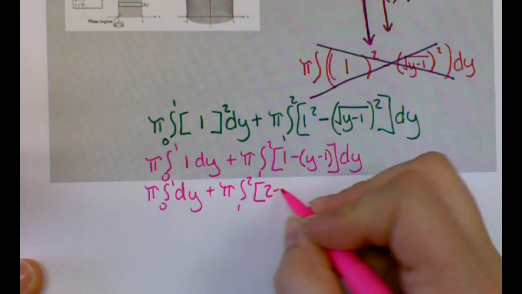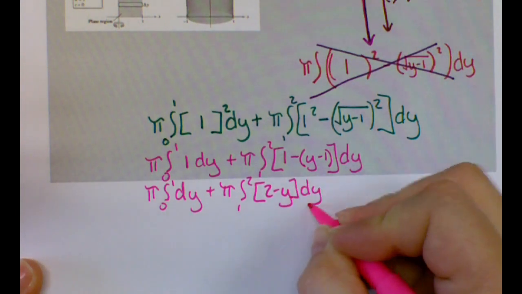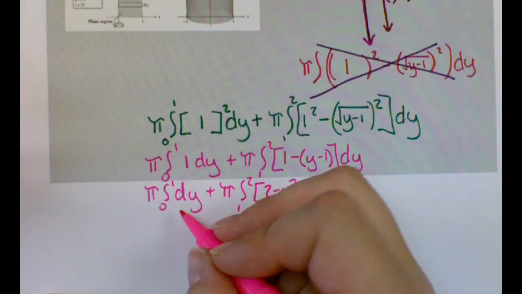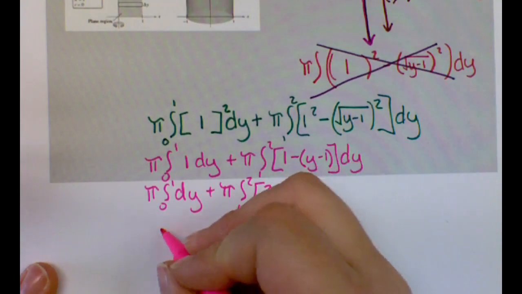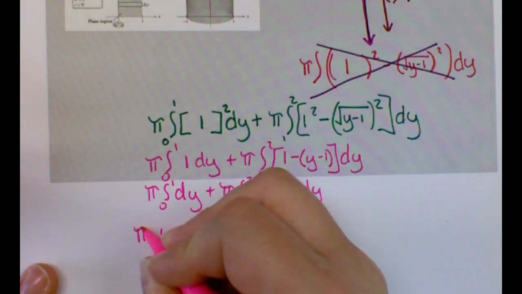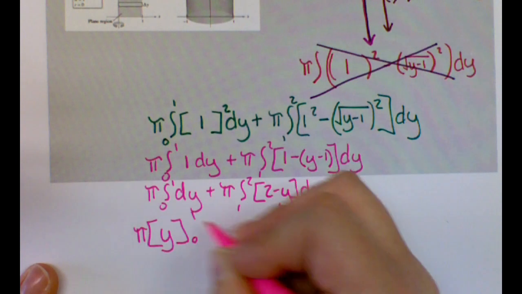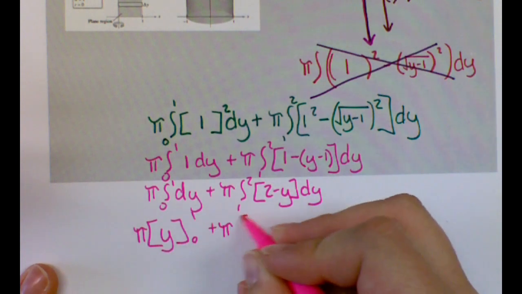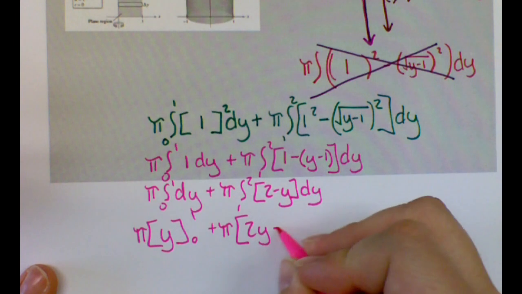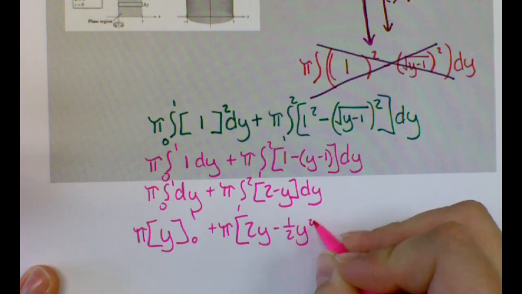So I actually get 2 minus y dy. All right, so now the antiderivative of just dy is y. So I have pi times y from 0 to 1 plus pi times 2y minus 1/2 y squared from 1 to 2.